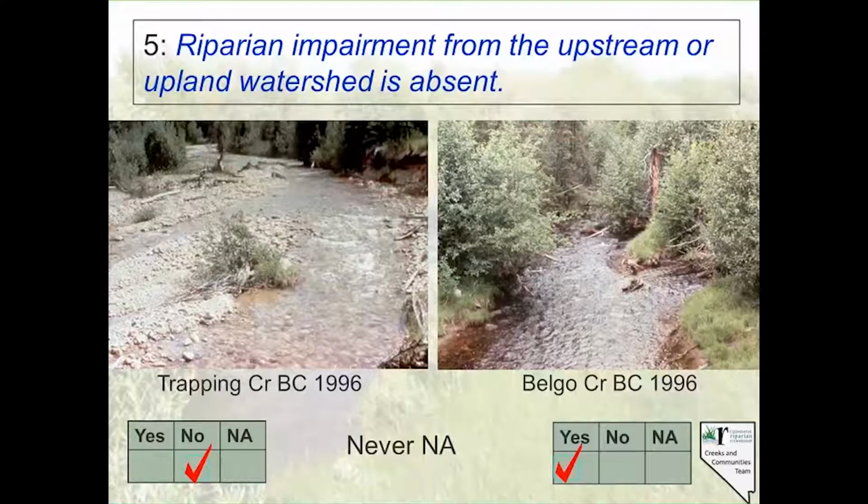In the photo on the right, we've got some coarse material, we've got some woody material in the stream, but that's what would be expected for that stream type, and we don't see any evidence of anything coming from upstream or from the upland sites that's leading to degradation in that reach.